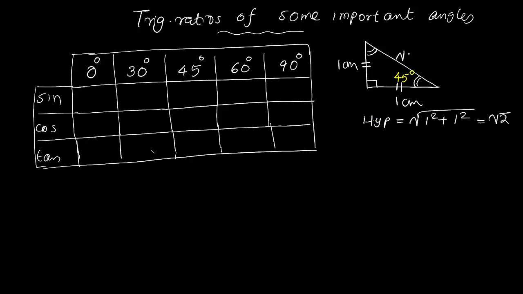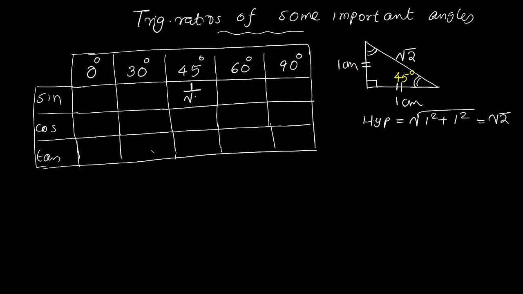So the hypotenuse will be root 2. By referring to this figure, you can write sine, cos and tan. Sine 45, as you studied in the previous class, is opposite side by hypotenuse: 1 by root 2.